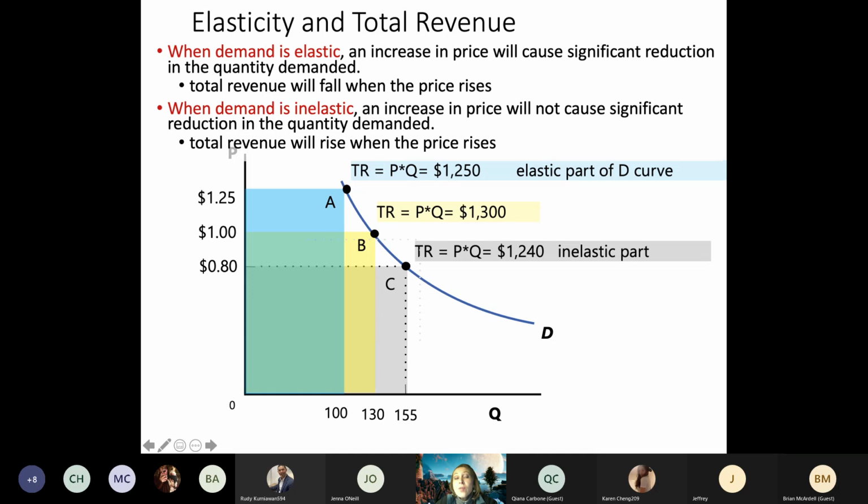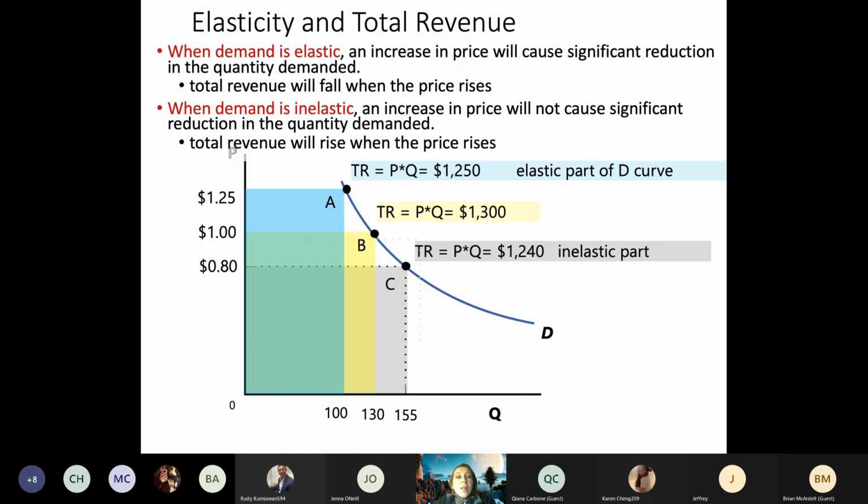When the price went up to $1, total revenue is computed as $1 times 130, so $130 is the total revenue. Then the total revenue when the price is 125 is $125.